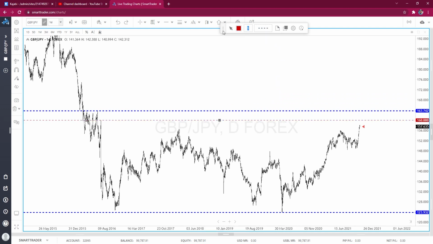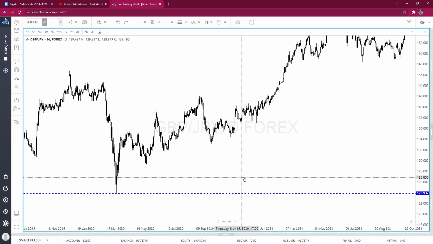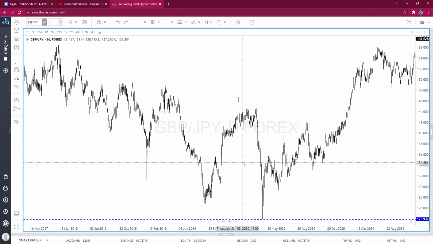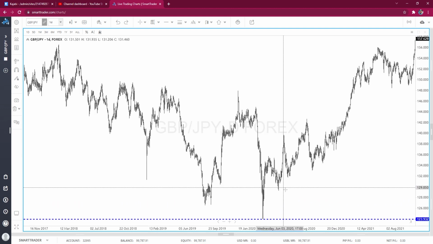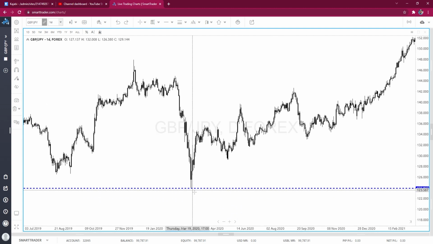And let me make this thicker again. And then from the low, I'm looking for my next significant area. So I got a low, I got a high, and then another low. So let me zoom in so you can see it. A low, and then another high, and then another low.